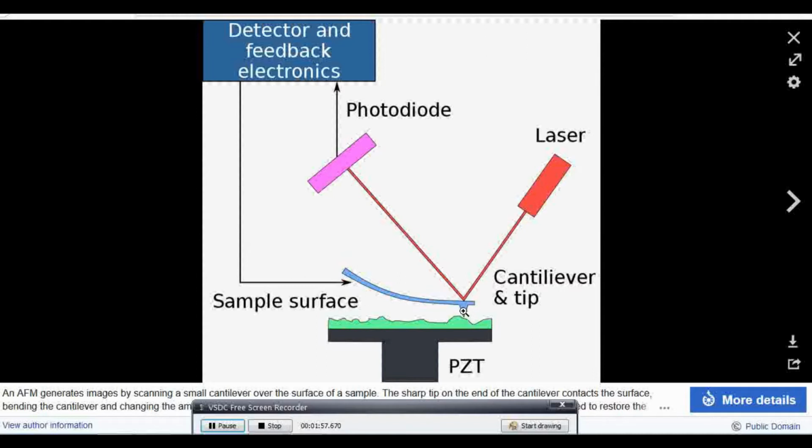So with the atomic force, it will be able to tell the distance between the samples and the tip.